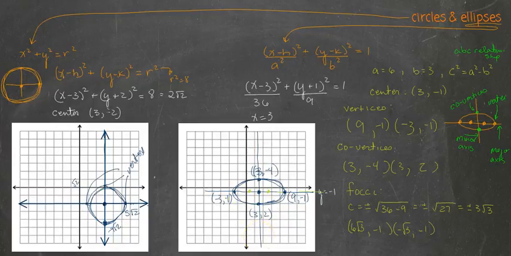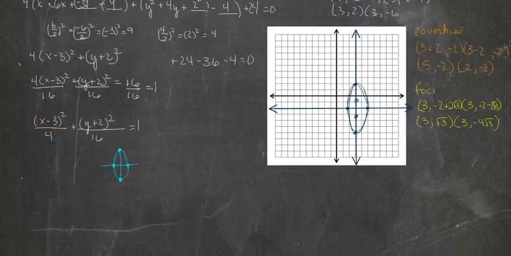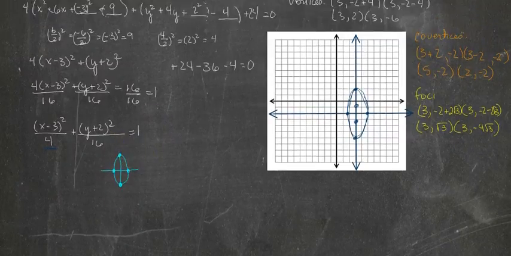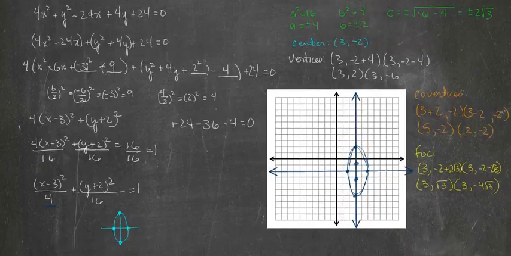Your book has some very specific h plus or minus k, c kind of formulas, one for the horizontal major axis ellipse and a different set for the vertical major axis ellipse. I find it's easier just to understand what you're looking for and where it goes, because it tells you what to find.